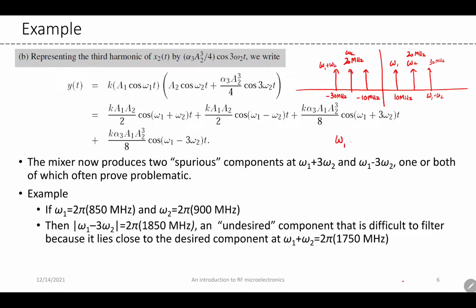Now omega 1 minus 3 omega 2 would be 10 minus 3 into 20. 10 minus 60 is minus 50 megahertz.